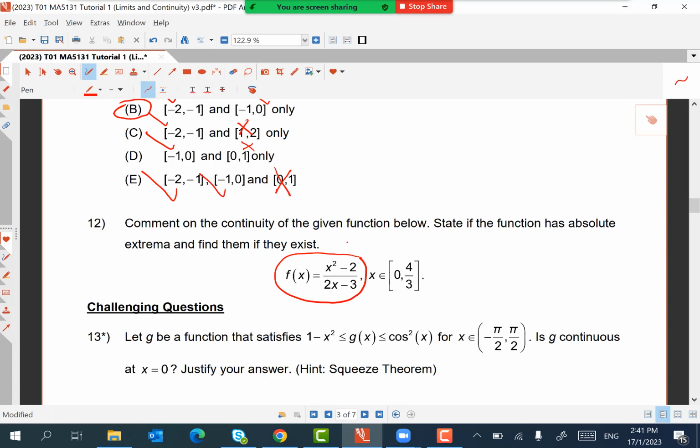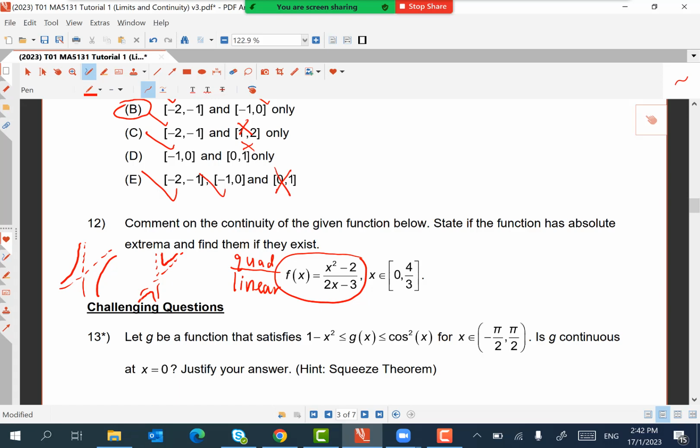Typically, class, whenever you come across a quadratic function over a linear function, the graph will be either this type of graph, or this type of graph.